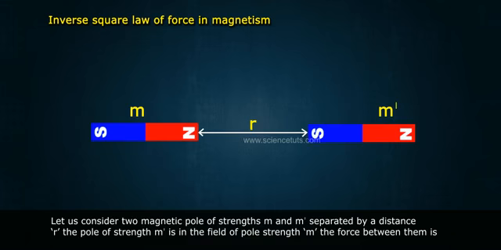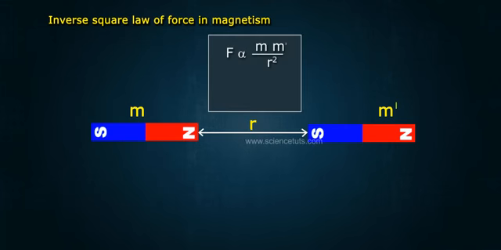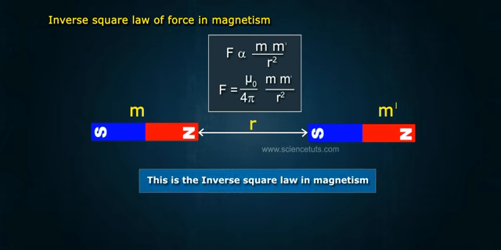The force between them, F, is directly proportional to m m' by r square. F is equal to mu naught by 4 pi m m' by r square. This is the inverse square law in magnetism.